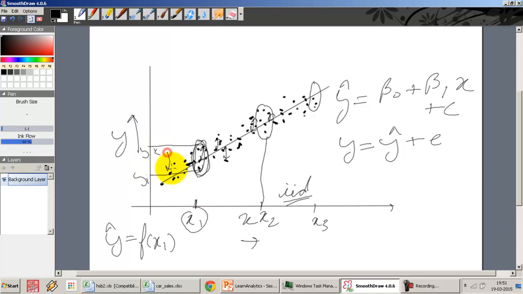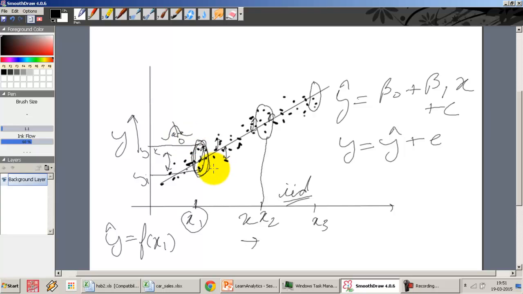This range of values will have a mean, and that mean will be centered around y hat for x1, and the errors will be positive and negative, so they will follow some kind of distribution. If I look at the errors alone, they will be normally distributed around a mean of 0, with a certain standard deviation.